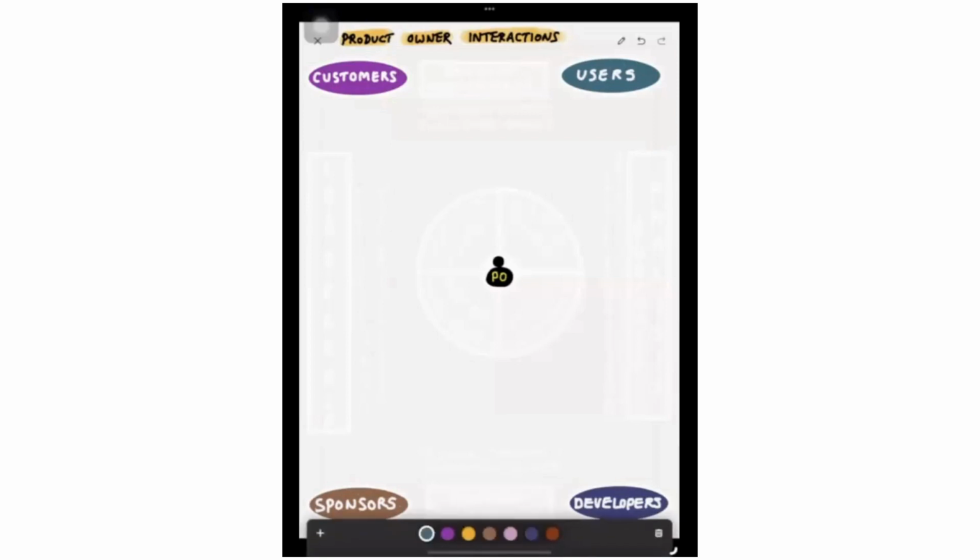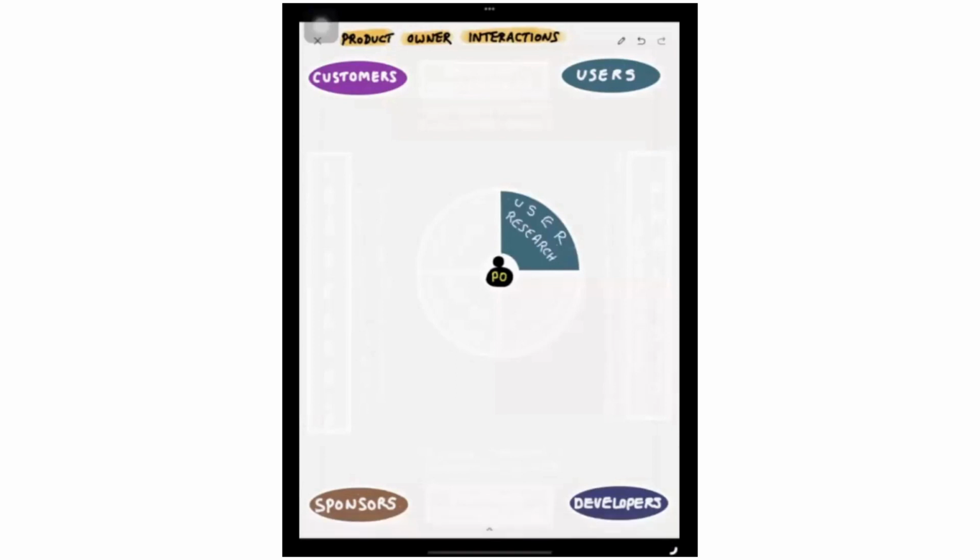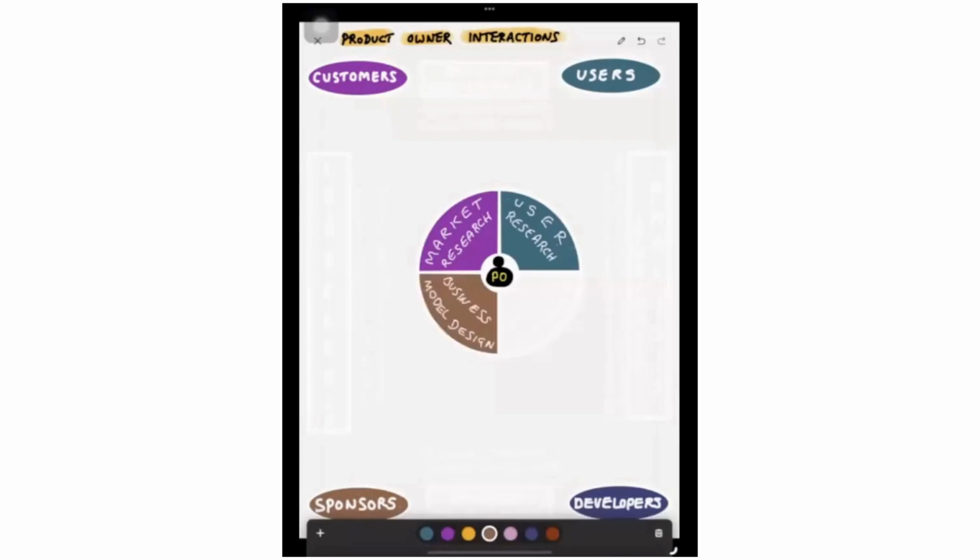So the kind of interactions for users, you will use some user research techniques. For customers, understanding the customers, you'll use some market research. And for sponsors, you'll use business model design. And for developers interactions, you'll use product development related activities. So in order to make sure these interactions and communications are happening properly and effectively, product owners need certain skills and knowledge.